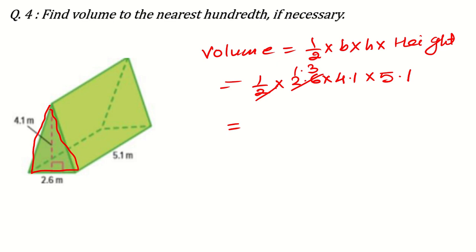I think by mistake I put some wrong button here. 1.3 times 4.1 multiply by 5.1. Okay, so this will be 83.64 and unit will be meter cube. Okay, like this you can do this question.